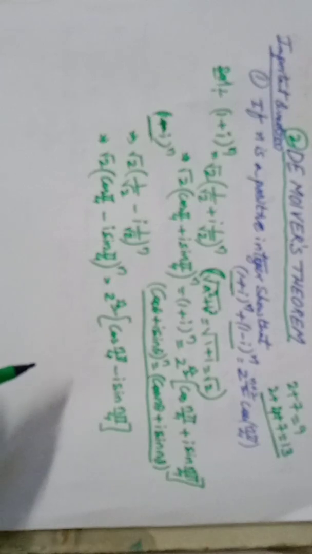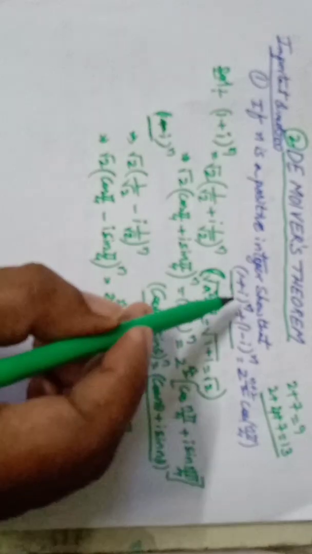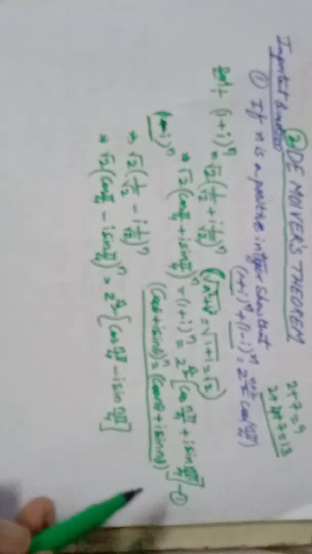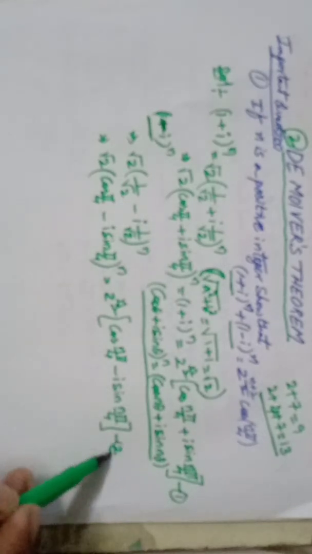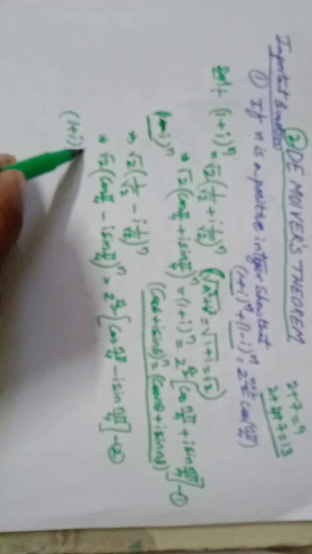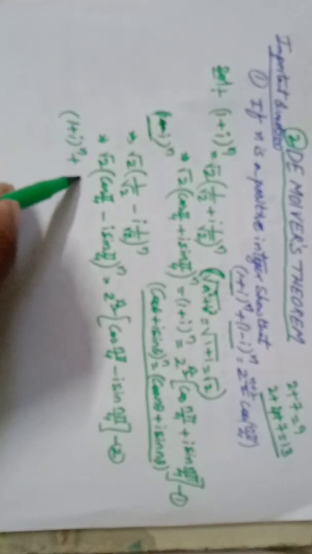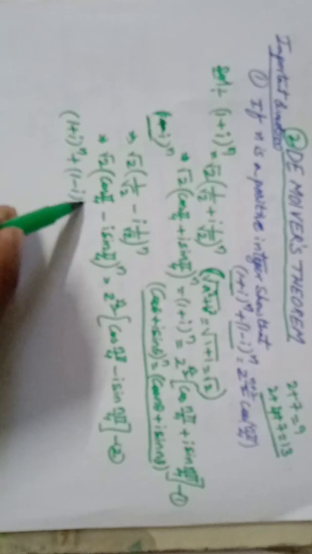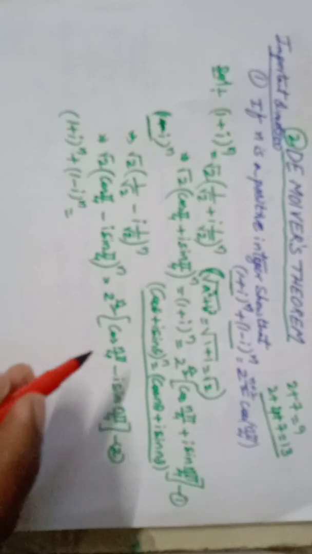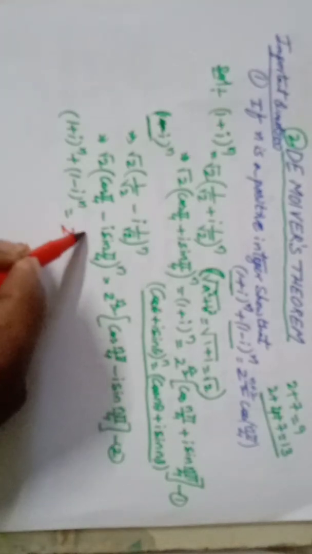So here both we are adding. Let it be 1 and let it be 2. Both we are adding. What will we get? (1 plus i) to the power of n plus (1 minus i) to the power of n is equal to, adding 1 and 2, 2 to the power of n by 2 is common.